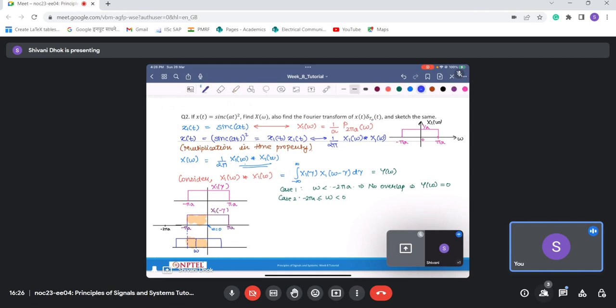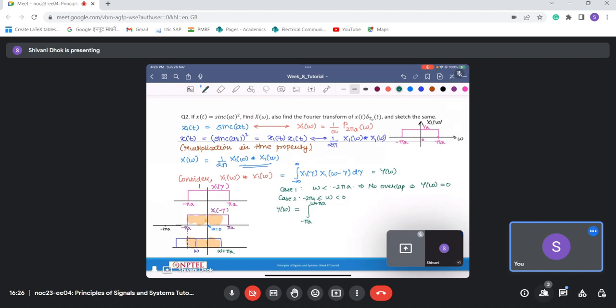So here y of omega is equal to the integral over the region of overlap, from minus pi a till this point, which is omega plus pi a.